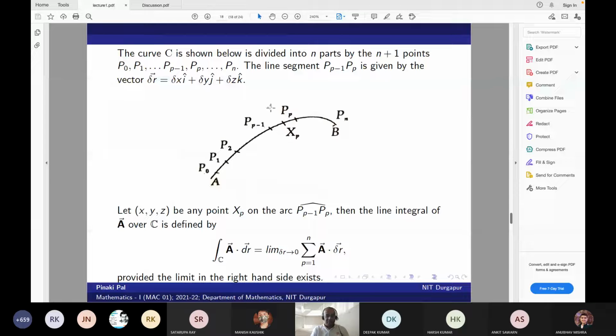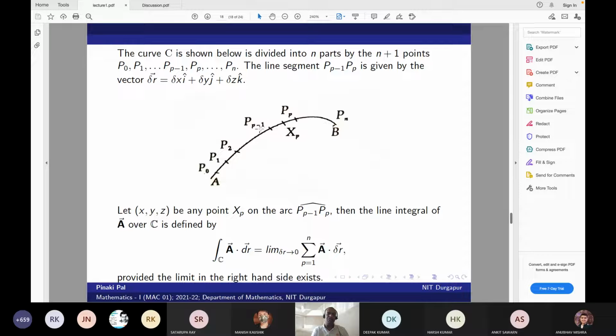And from each part, we have to consider a point. Every time you look at the analogy, from each part of the line you take a point.